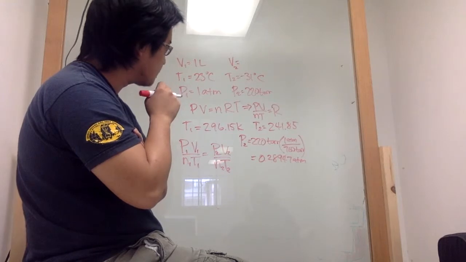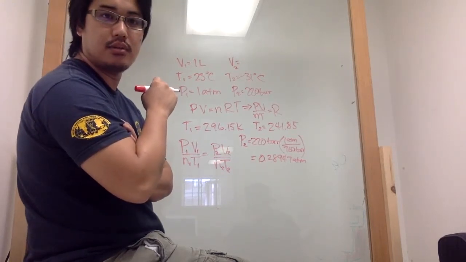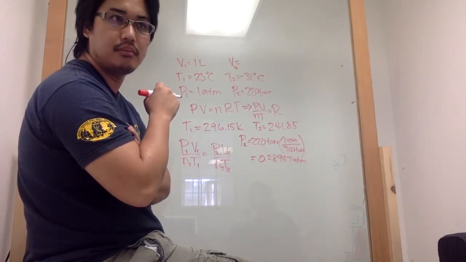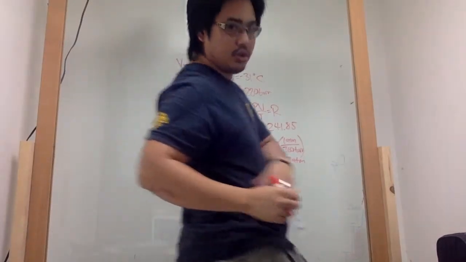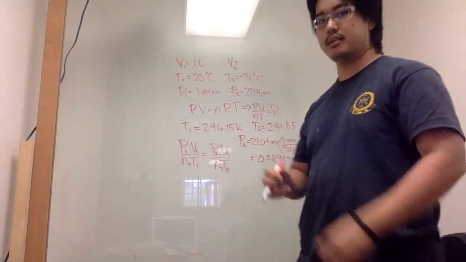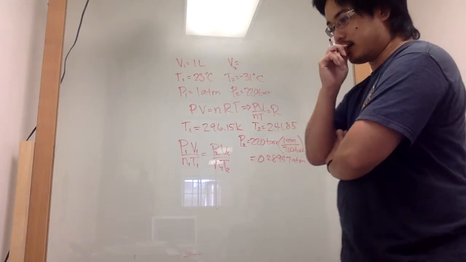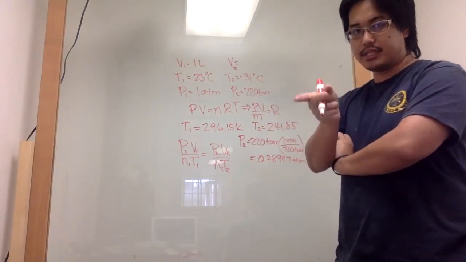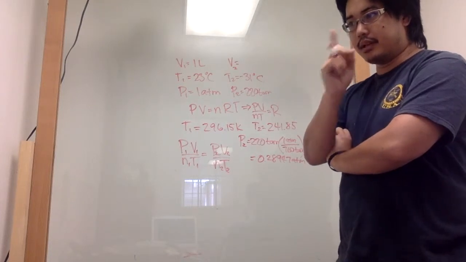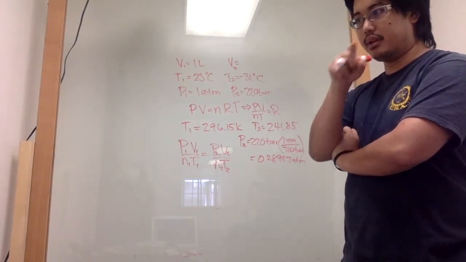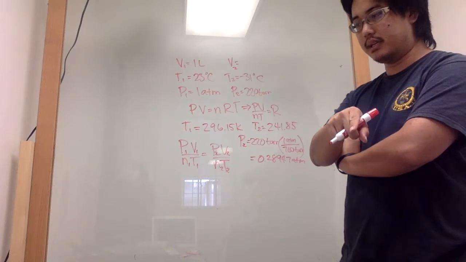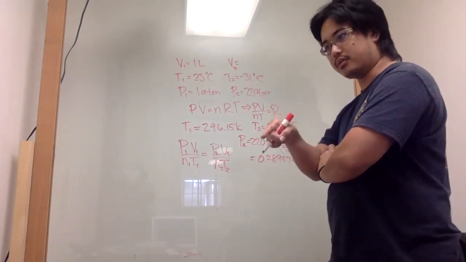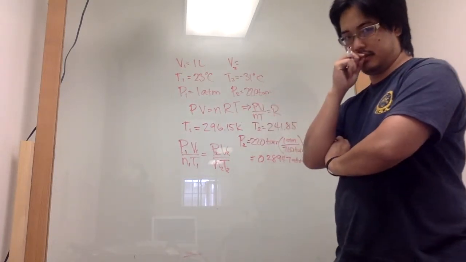Did I say that there was 1 mole in the problem? No. You can't assume that. So they're not 1, but I can tell you one thing for sure. They're the same. The number of moles inside the balloon at the beginning is equal to the number of moles inside the balloon at the end.